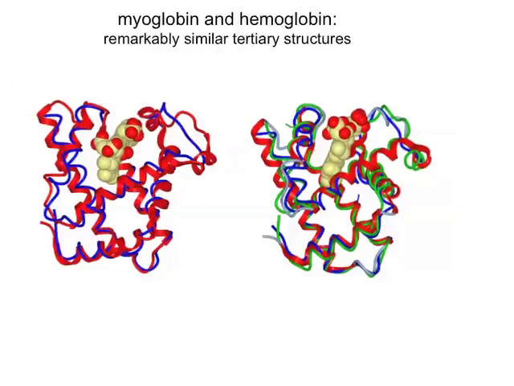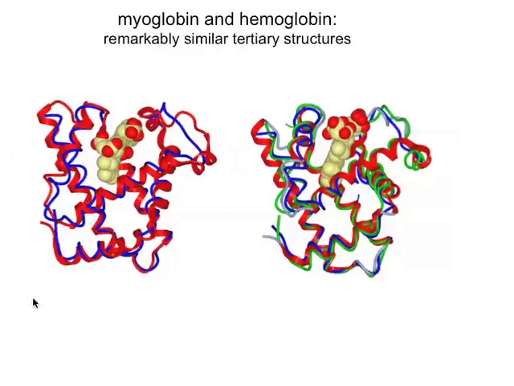So we like models. Let's look now at hemoglobin, starting with the fact, as we've already discussed in our evolution discussions, that the two have remarkably similar tertiary structures. What I'm overlaying here, I believe, is alpha and beta hemoglobin on the left.